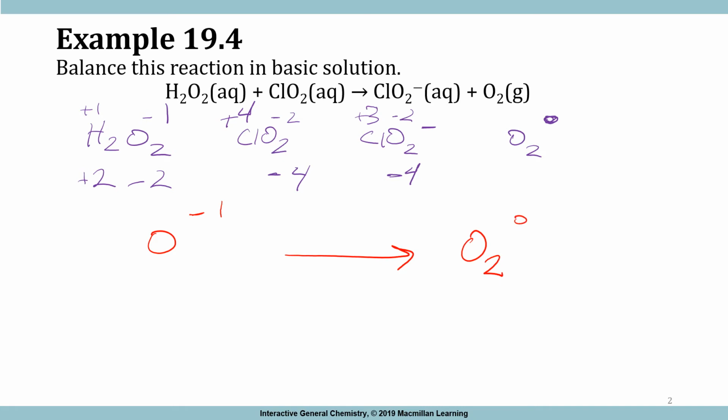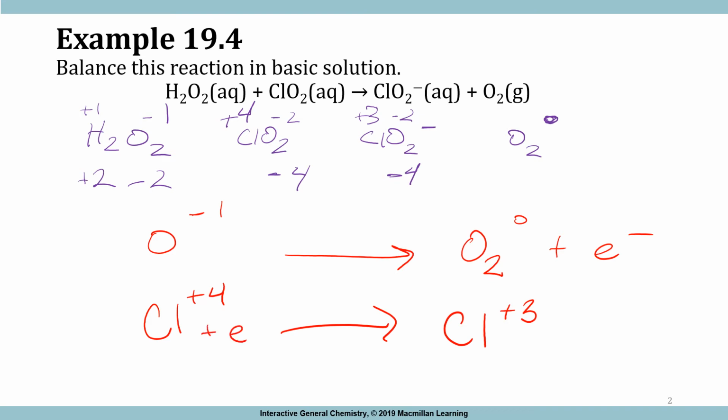So in order to have this all balanced, I think this is O2, but if oxygen is going from a -1 to a 0, that means it's lost 1 electron. So that'd be e minus. And then let's look at chlorine. So chlorine is going from a +4 to a +3, meaning that it has gained 1 electron.